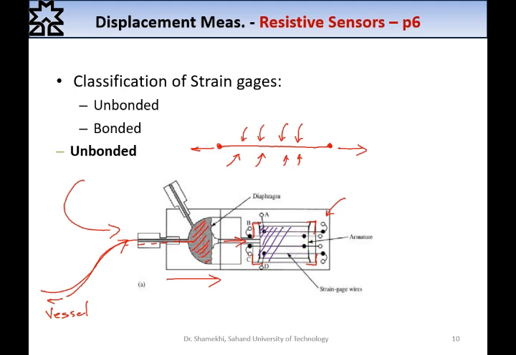Therefore, because of the fixed points of the strain gauge, as you can see, the length of strain gauge A and D will be reduced because the movable part will move from the left to right. This strain gauge will be reduced.